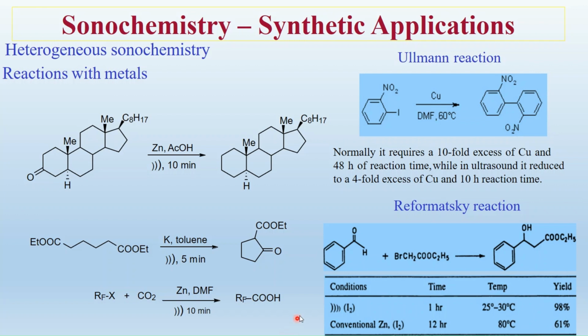The same reaction under ultrasonication, the reaction completed within an hour and the temperature of reaction was reduced from 80 to 25 to 30 degrees, almost at room temperature, and the reaction occurred at almost 98% yield, almost equal to 100% conversion. These are a few of the examples of reactions with metals using ultrasonication.